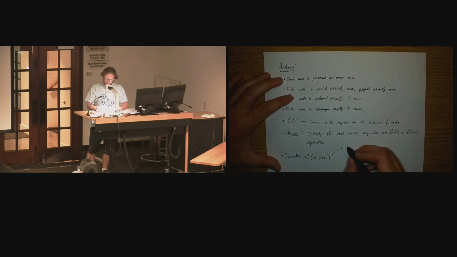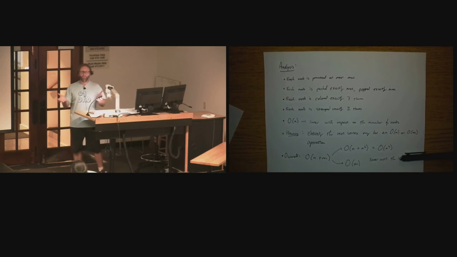It's either order n plus n squared, which is going to be order n squared, right? Or you can look at this as order m, because this lower order term doesn't really matter, right? It doesn't matter, right? This is n squared, this is m. It's always going to be linear with respect to the input size.